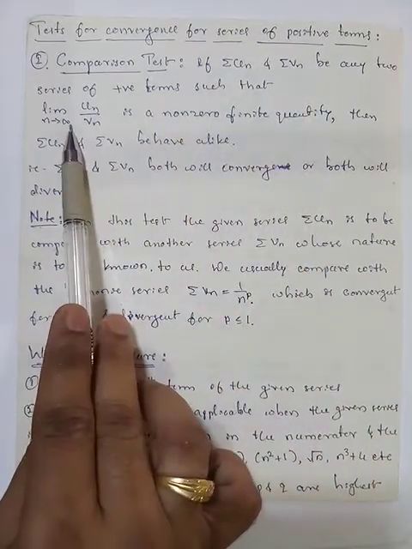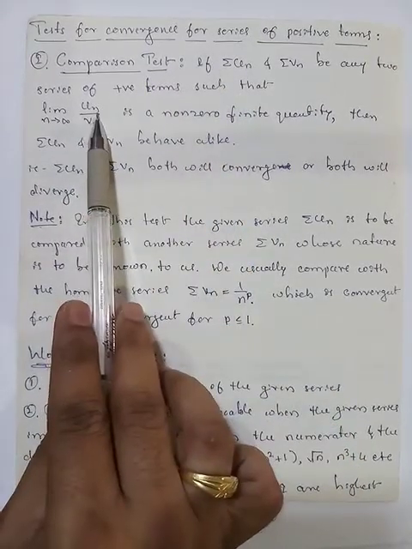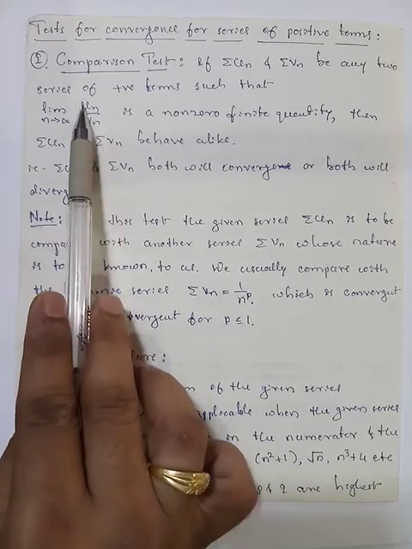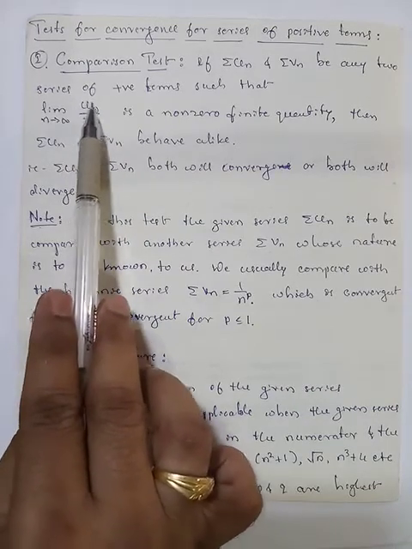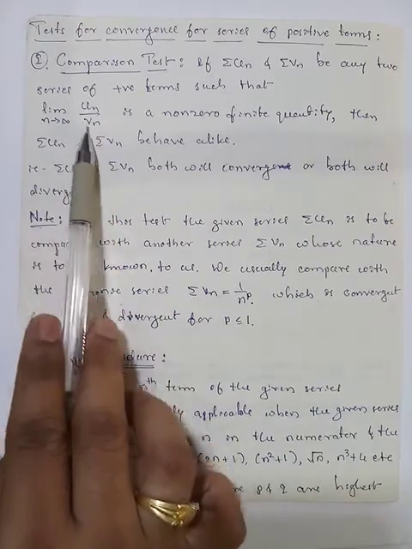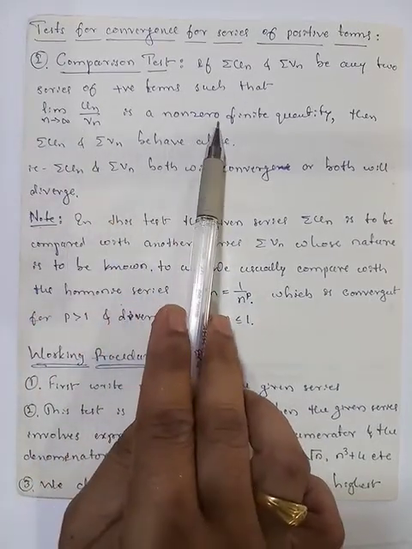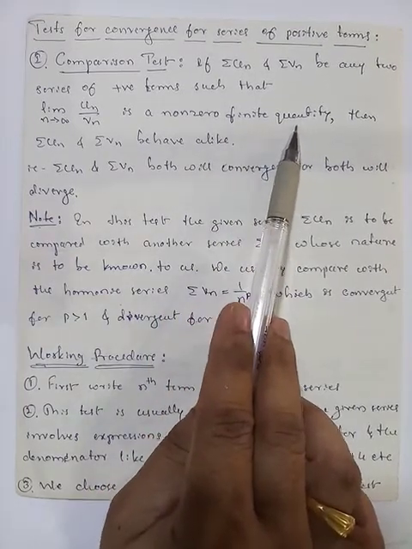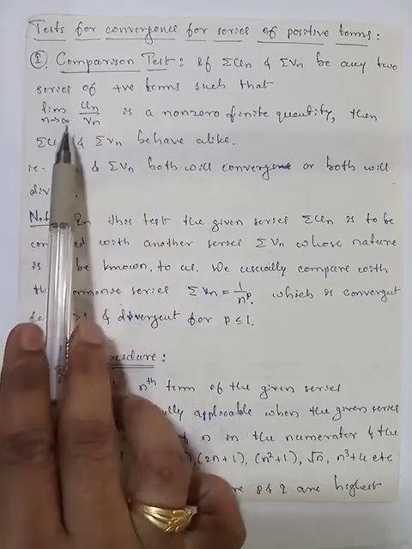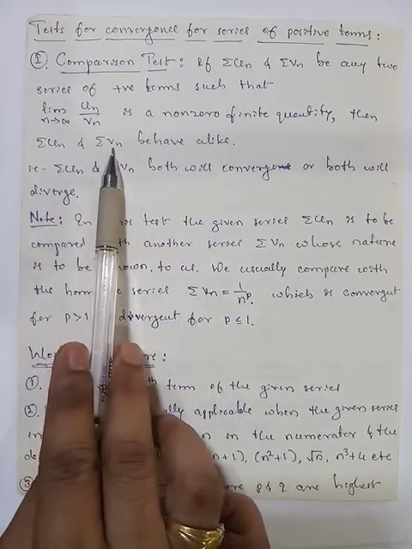Then we check this limit: we take un by vn, limit n tends to infinity, and evaluate it. If the value of this limit is a non-zero finite quantity, then we say that both summation un and summation vn behave alike, meaning the nature of both series is the same.